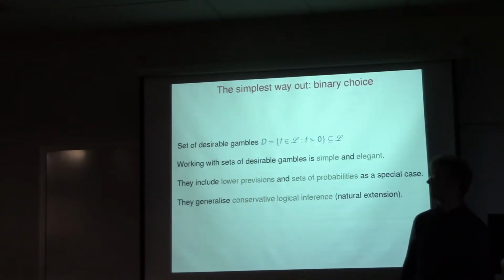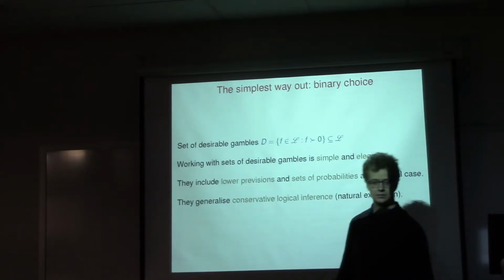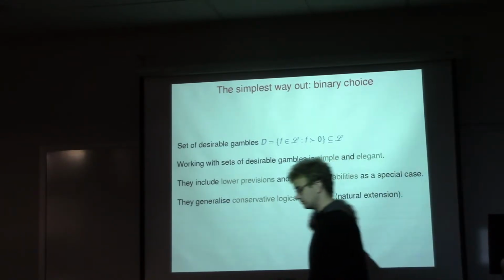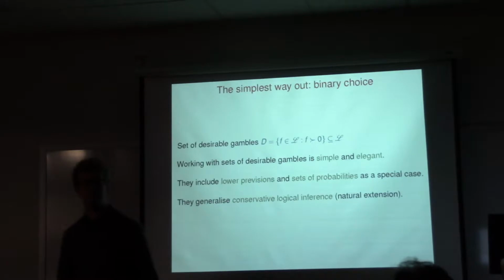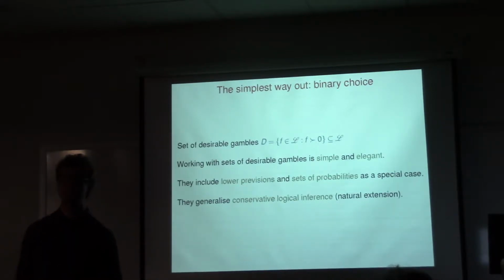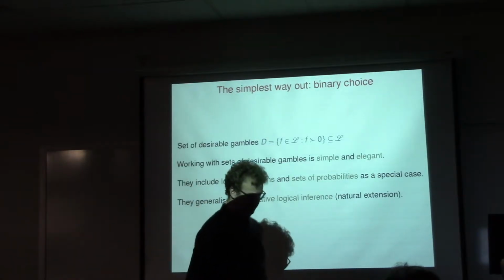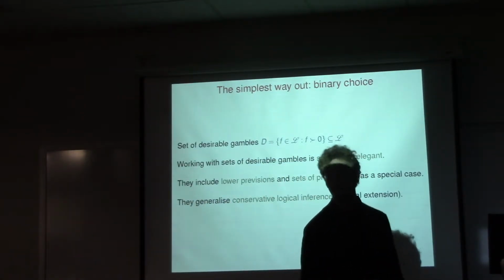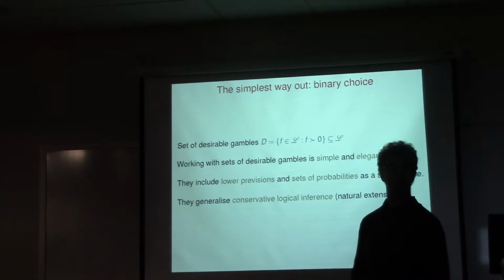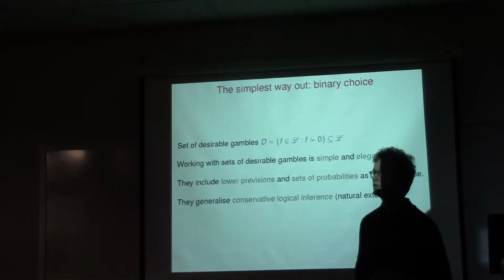A set of desirable gambles is just a subset of the gambles. It is very elegant to work with. Actually, it gives a geometrical flavor to probabilistic inference. It is of crucial importance in a variety of theoretical works, for instance in predictive inference, in credal networks, which are imprecise Bayesian networks, and so on.